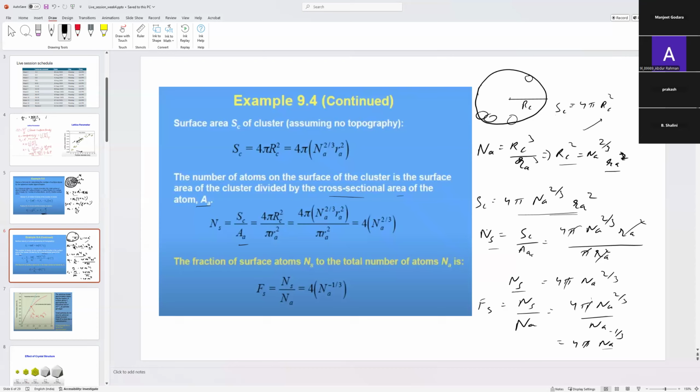So Na is the number of atoms in a cluster, and your Ns is the number of atoms on the surface.